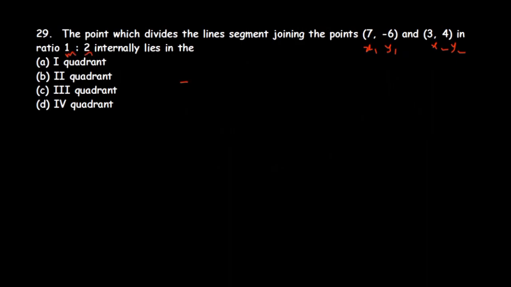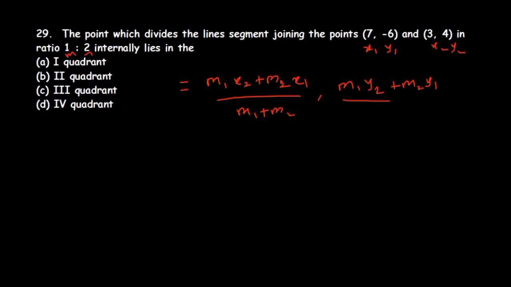Okay, so the section formula you know very well, that is (m1 x2 plus m2 x1) by (m1 plus m2), (m1 y2 plus m2 y1) by (m1 plus m2).